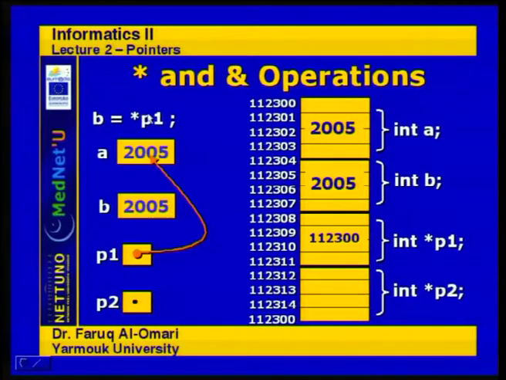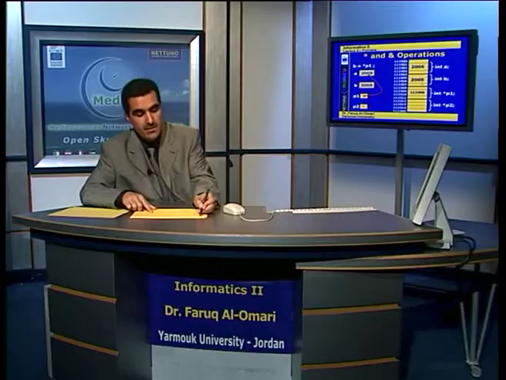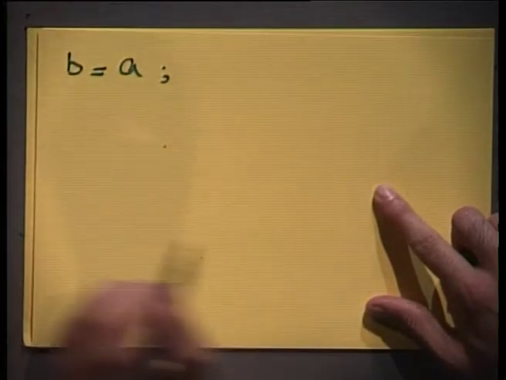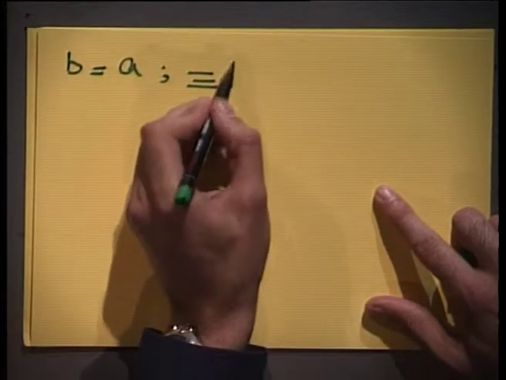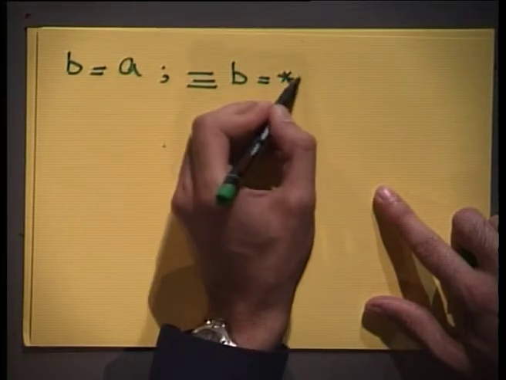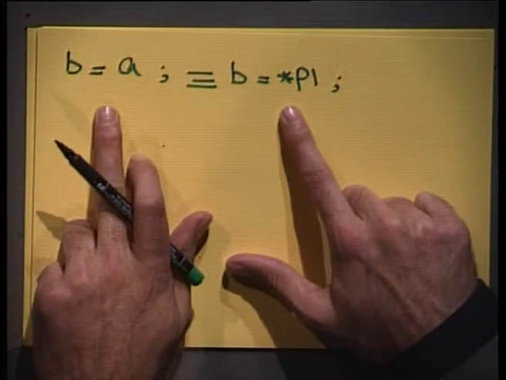That's pretty much like copying the content in here and placing it in here. And this is in C equivalent to saying something like B equals A. So this statement is equivalent to saying B equals the data contained at P1. So these two statements are equivalent in C.